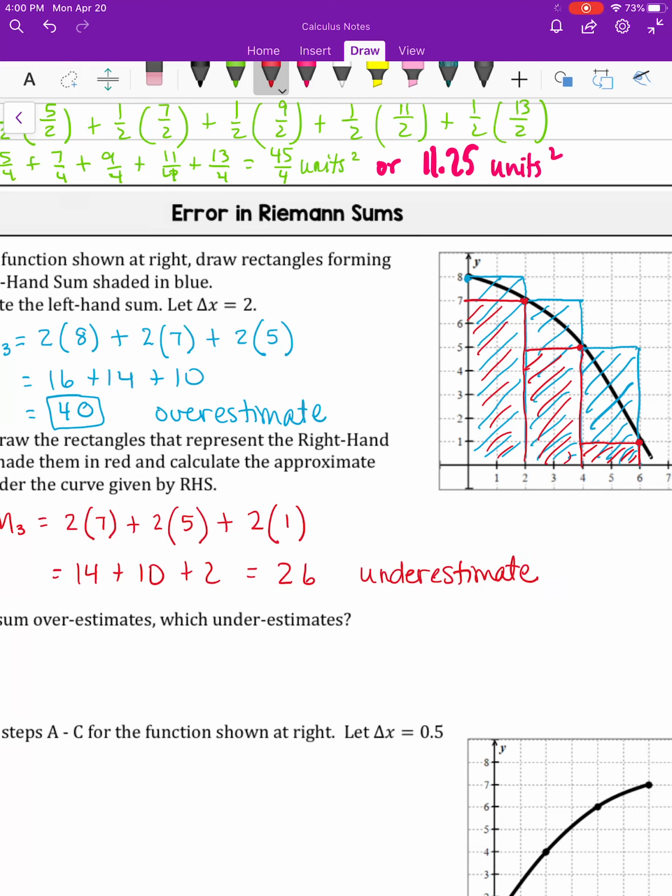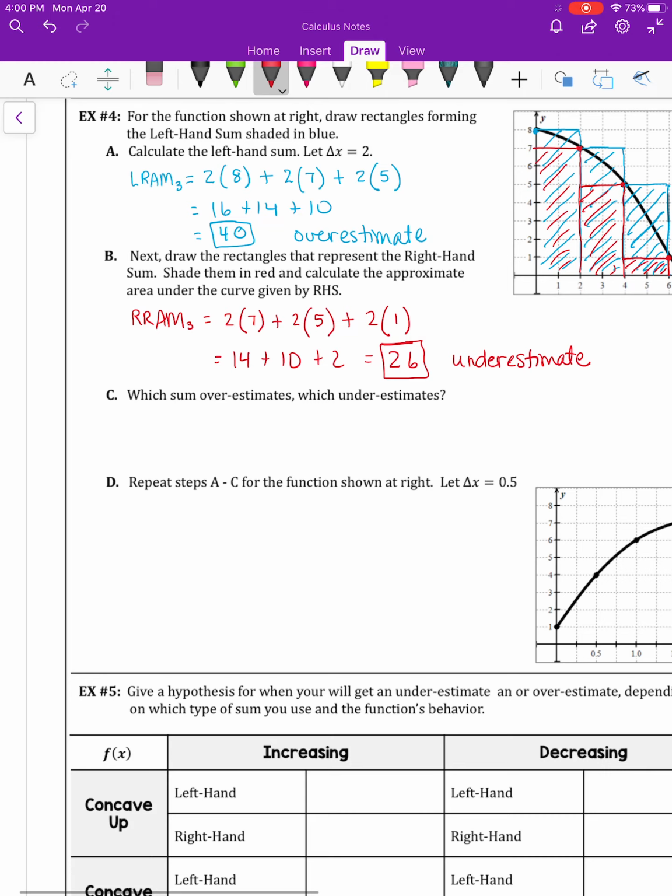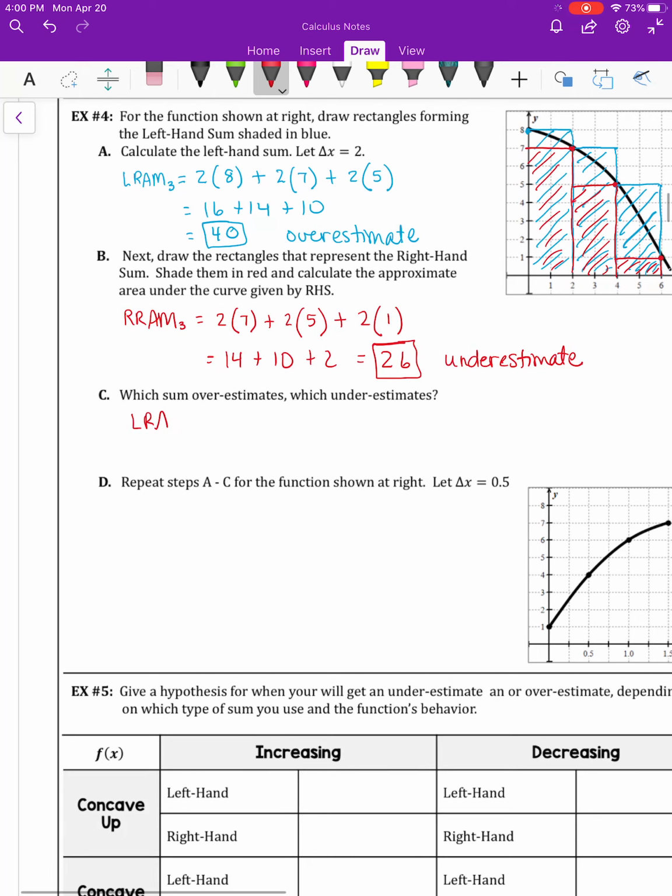So this is going to be 14 plus 10 plus 2, 26. And this is an underestimate because it's a decreasing function, and an RRAM on a decreasing function is an underestimate. So which sum overestimates, which sum underestimates?